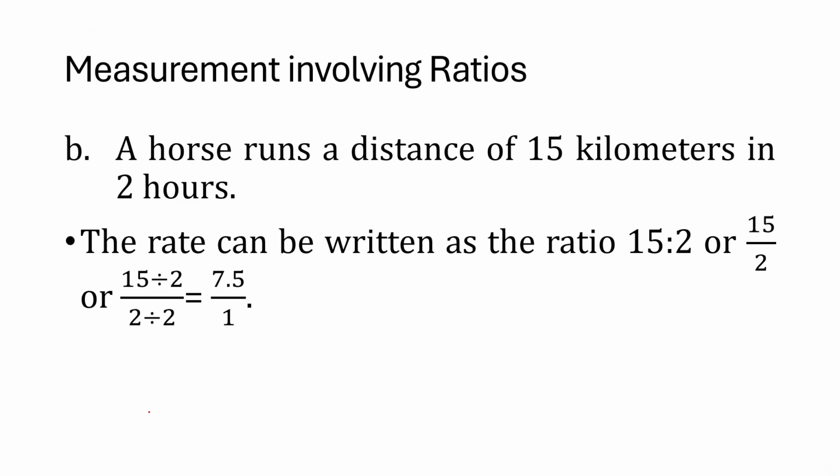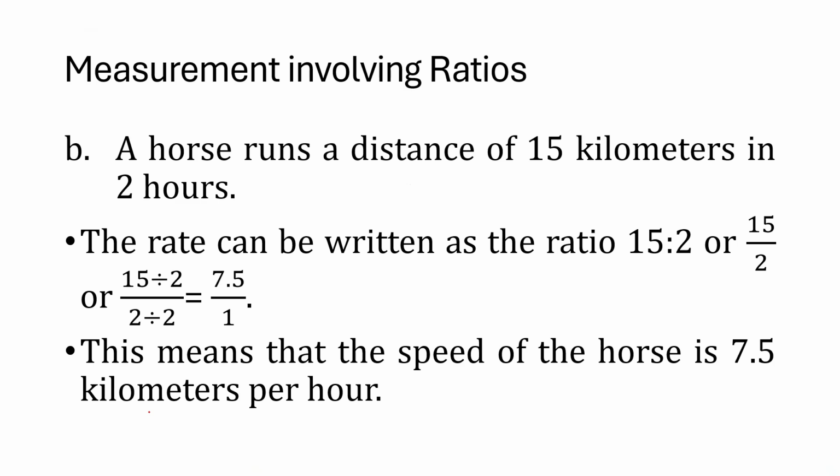So 15 divided by 2 is equal to 7.5. Then the denominator, which is 2, divided by 2, is divided by itself, so it is equal to 1. This means that the speed of the horse is 7.5 kilometers per hour.